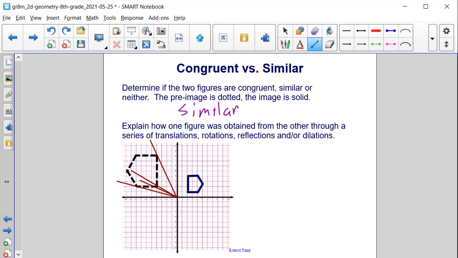When figures are dilated, they will follow the straight lines to the origin in order to get the new figures. So if we follow this, again, this was 1, 2, 3, 4 units. We want it to go down to 2 units. So between here and here, this is 2 units.